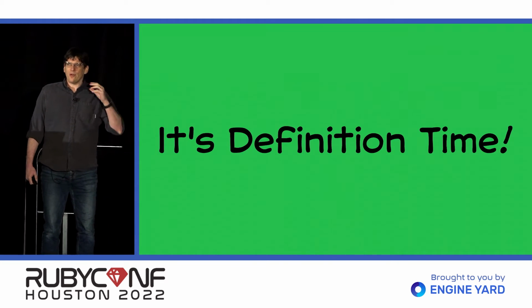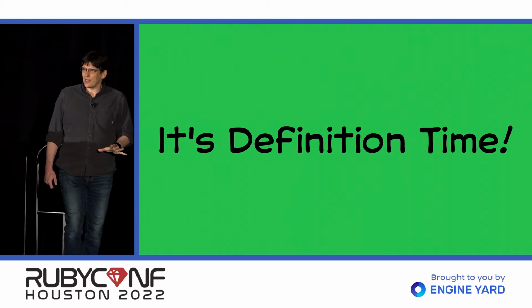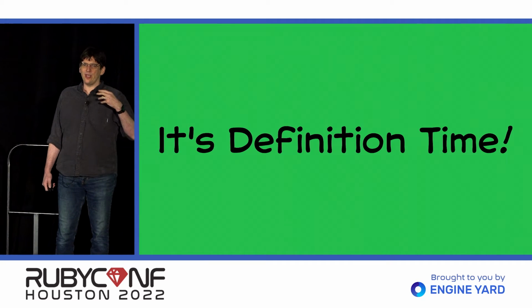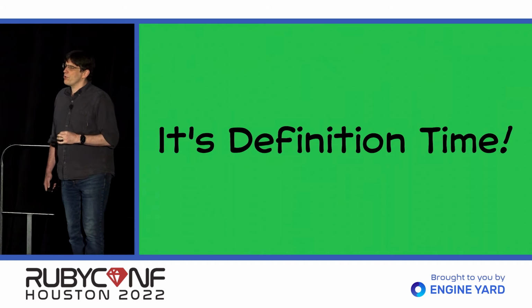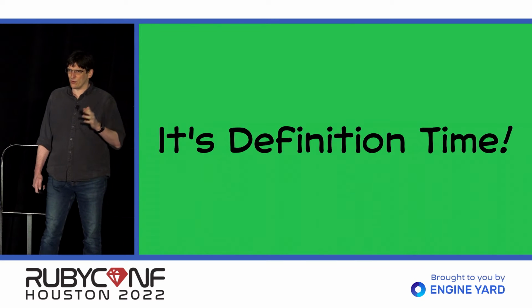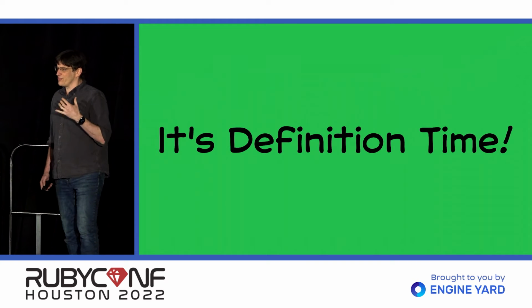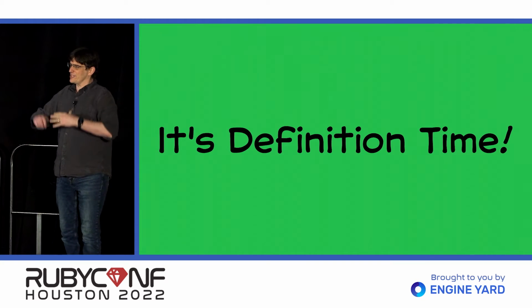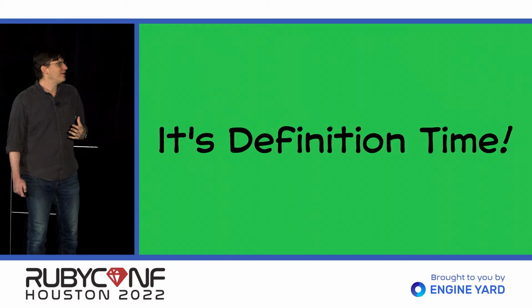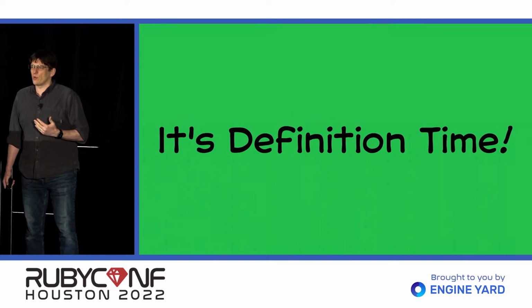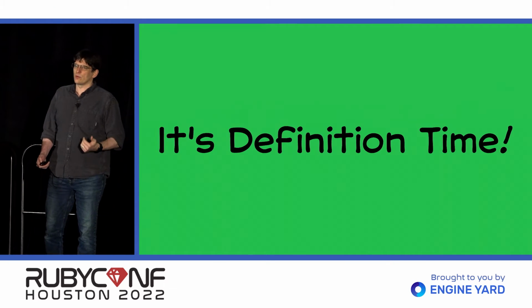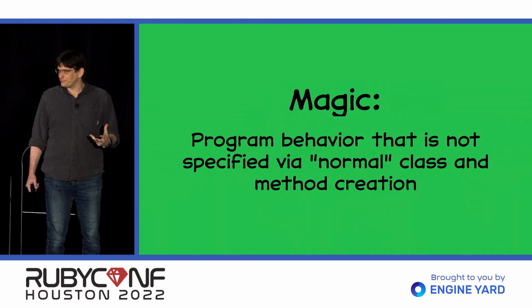So I want to start with a definition to make sure we're all talking about the same thing. There is a formal definition of metaprogramming that has to do with changing behavior at runtime and is only sort of related to the kinds of things in Ruby that we call metaprogramming. What we're really talking about here, and the way this is frequently referred to in the Ruby community, is magic.